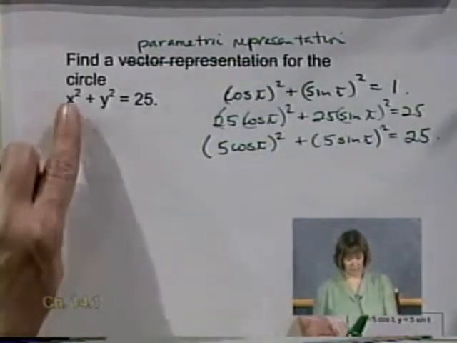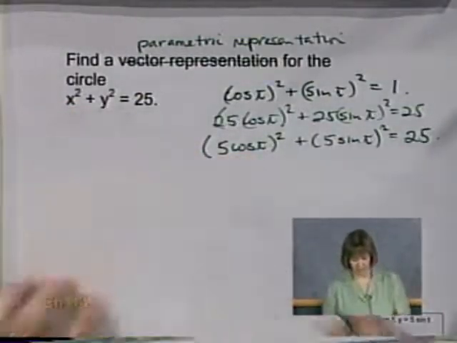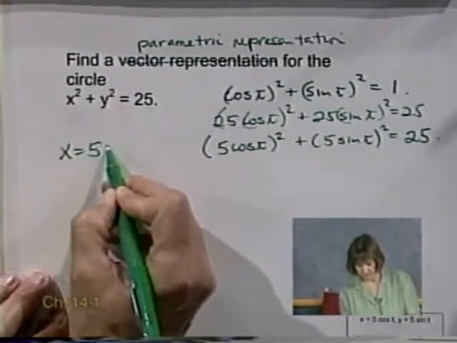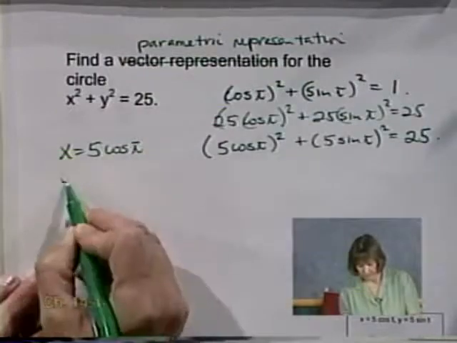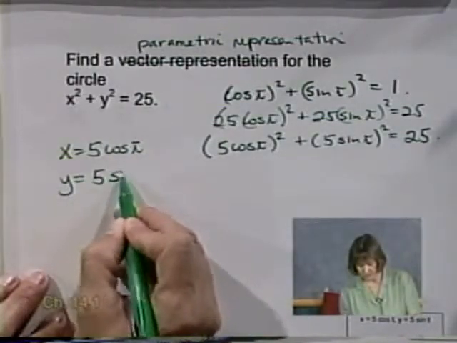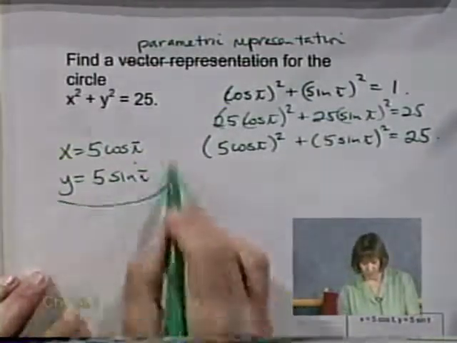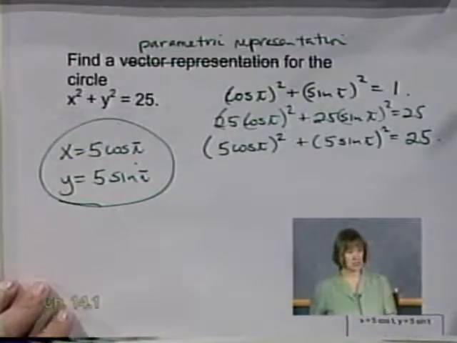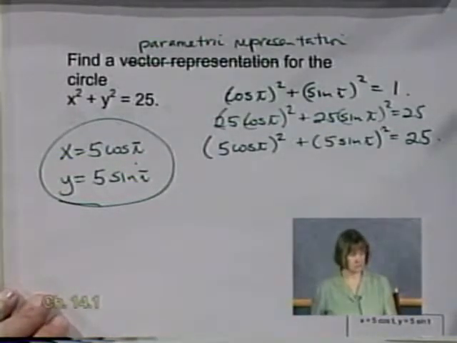And so I can let x be 5 cosine t and let y equal 5 sine t. And that's a wonderful parametric representation of a circle.